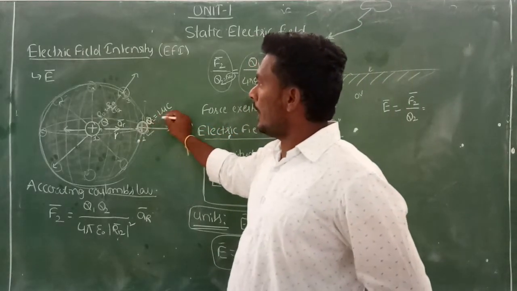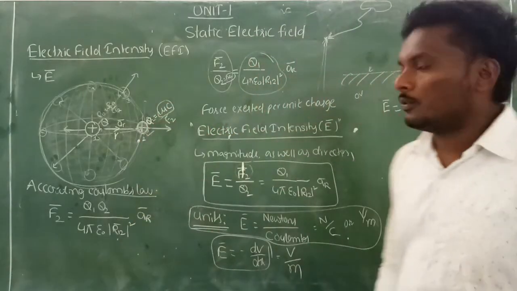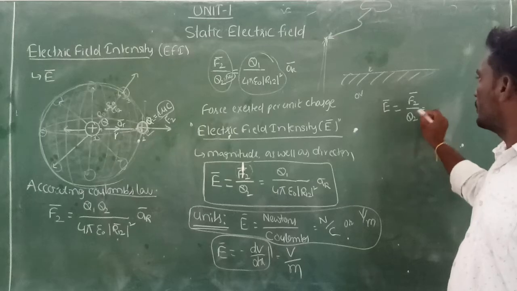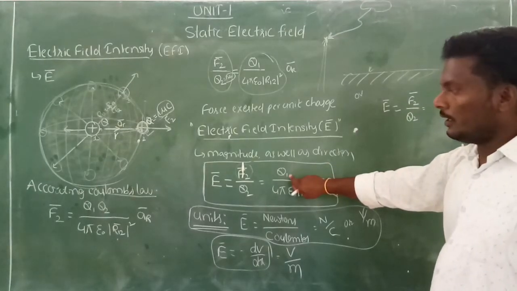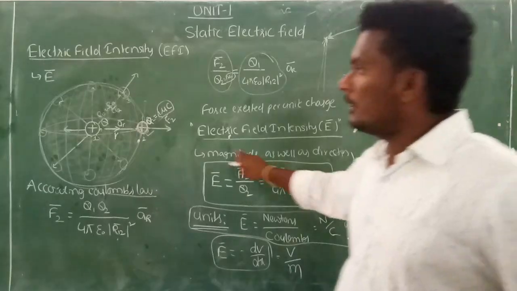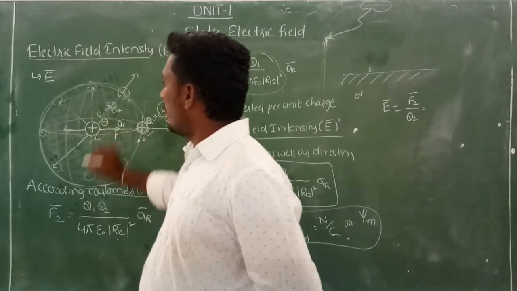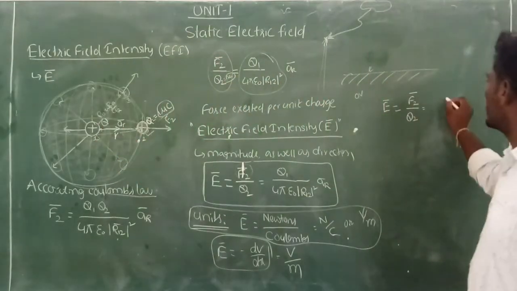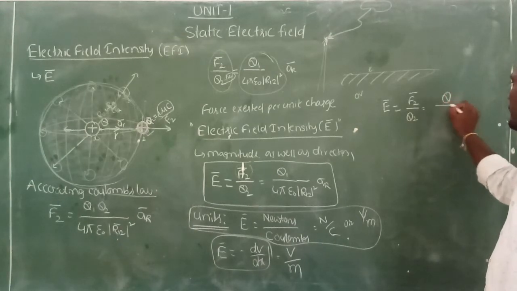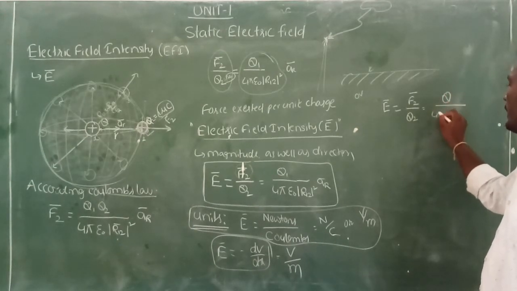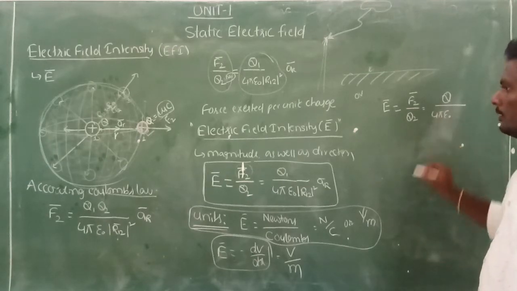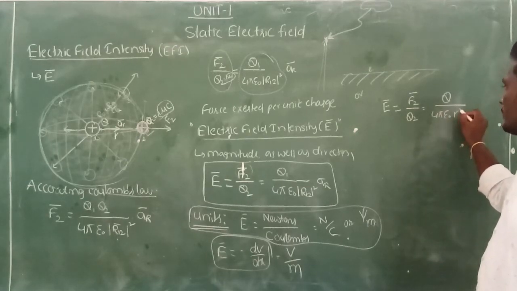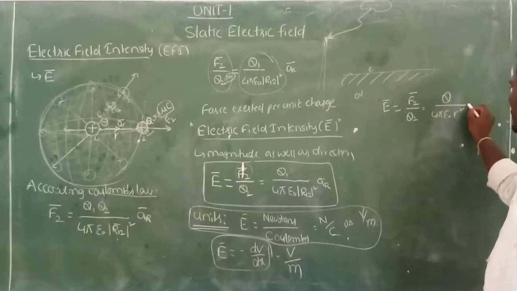It is Q2 only, and it has unity magnitude. F2 bar by Q2 is equal to, from this expression, what is the magnitude here? Initially there was a Q1 magnitude, but here I have considered capital Q. So in this expression: Q by 4 pi epsilon naught. What is the distance here? Distance is small r square. Direction is a r bar.